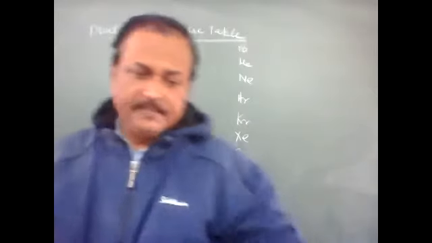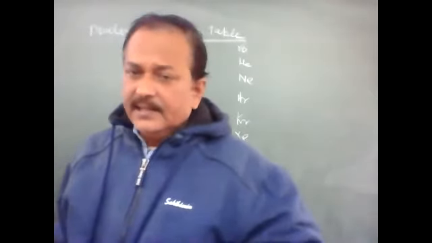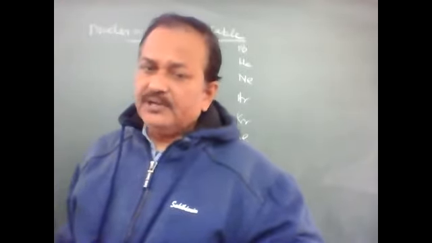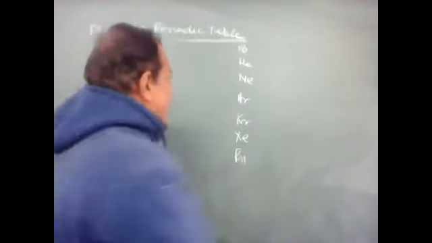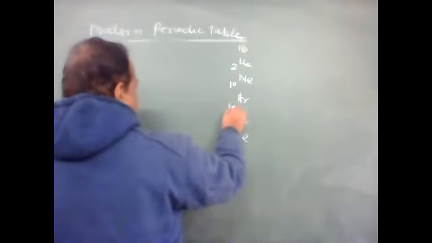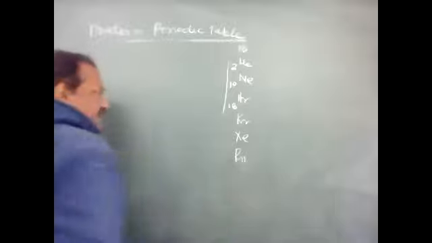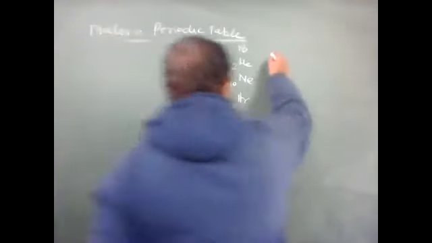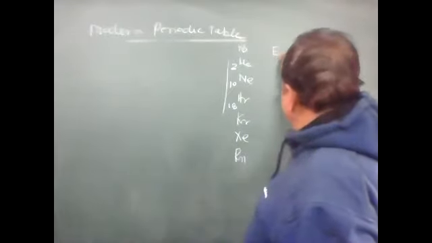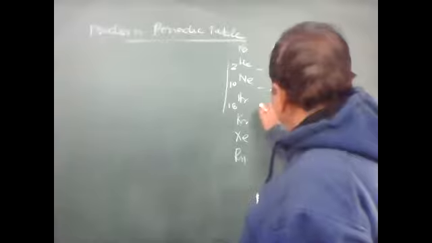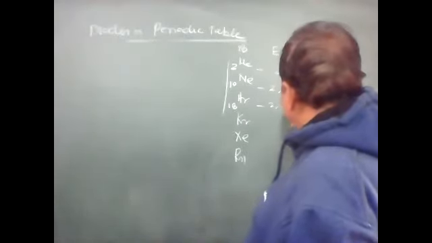I have written only the first 3: 2, 10, 18. Now the configuration: here 2, here 2 and 8, here 2, 8 and 8.